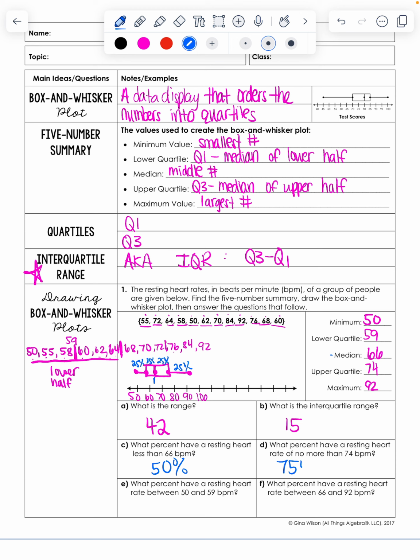That would be 75%. What percent have a resting heart rate between 50 and 59? Well, 50 is the minimum and 59 is Q1. That would be just 25%. And what percent have a resting heart rate between 66 and 92? 66 is the median, 92 is the max. That would be 50%.